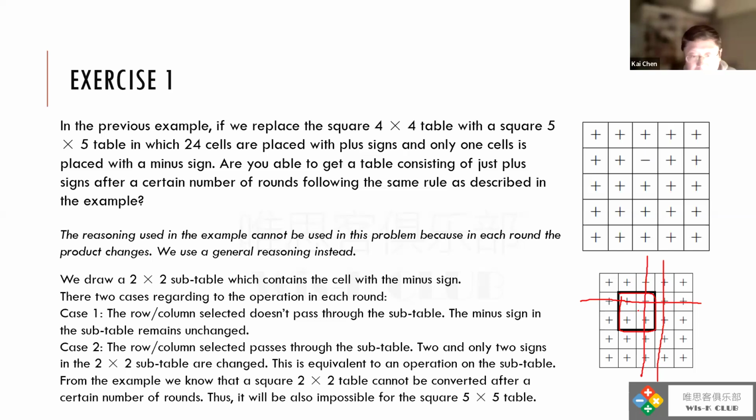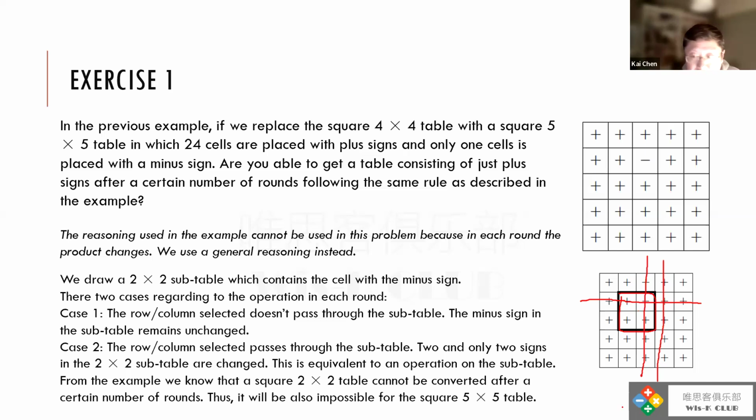So the product of the 4 signs will still be a constant, a minus. That means it's not possible. By the end of the day, we're aiming to have all the cells turn out to be plus. It's not possible.